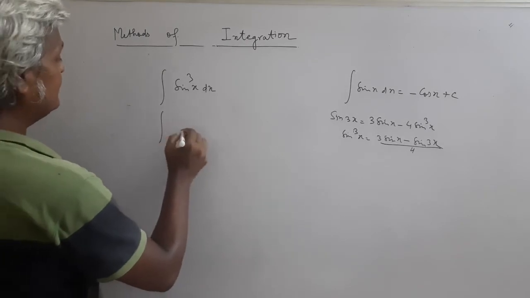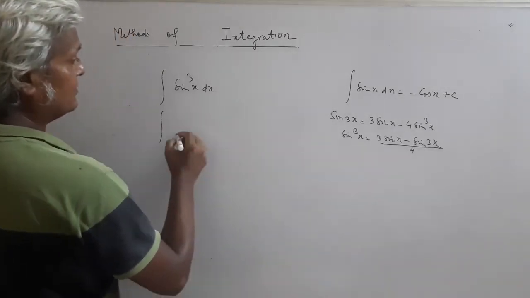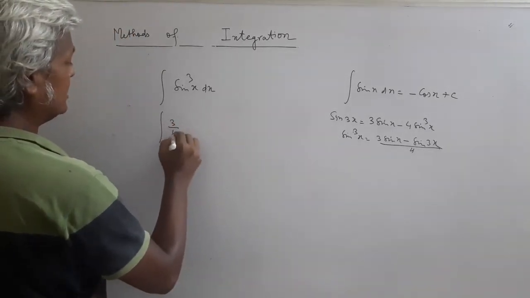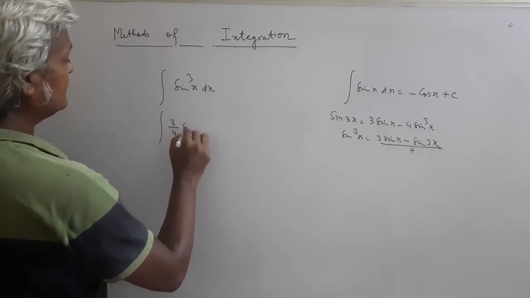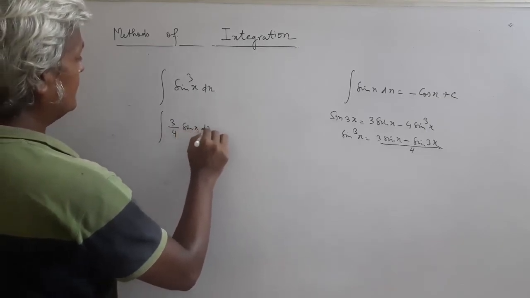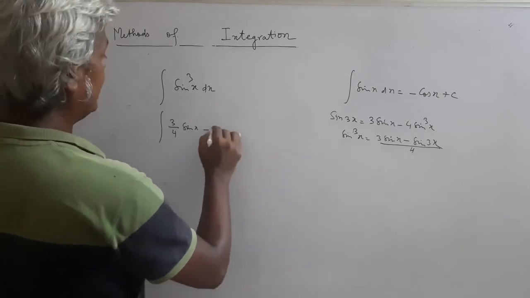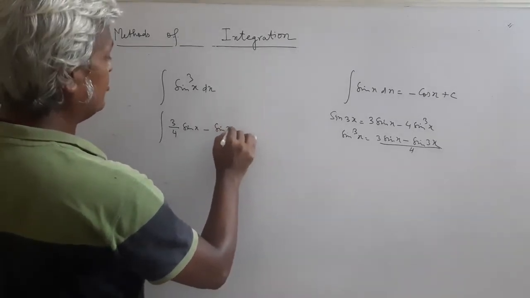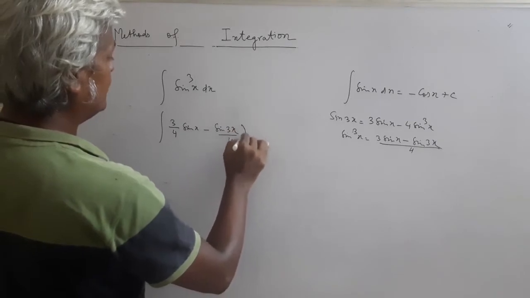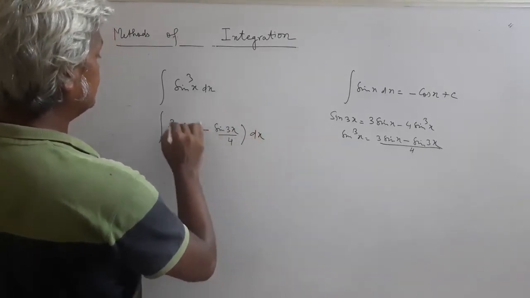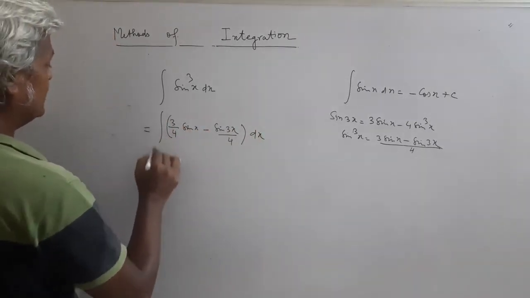So first I'll try to write in the proper form. 3 over 4 sine x dx. First let me write the one term, I should not be in a hurry. And then minus sine 3x over 4 dx.